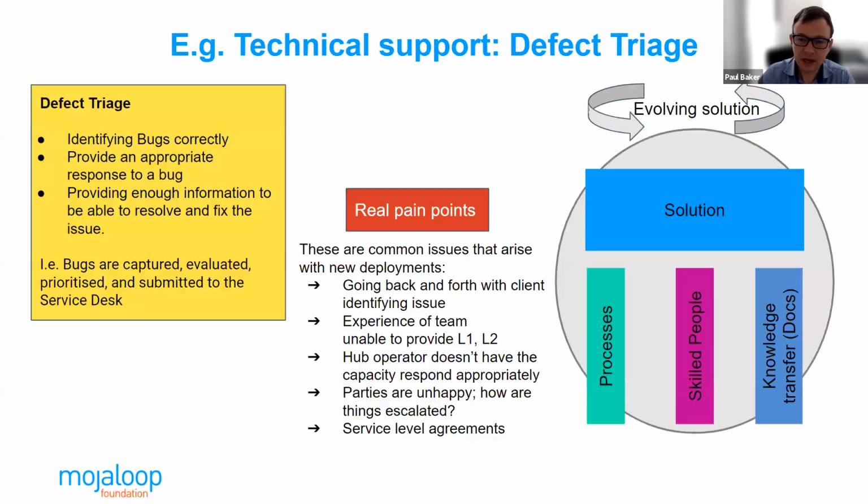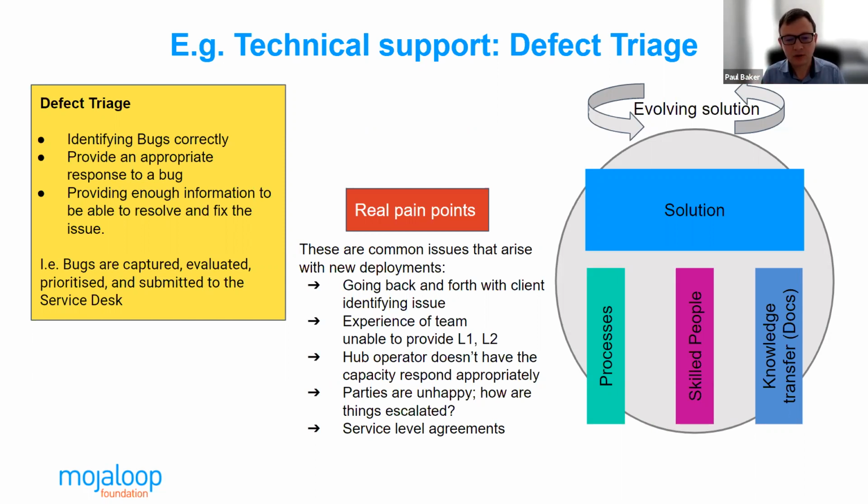So I'm going to give you a quick example of one of these documents. Defect triage. If we have a look here, I've listed some real pain points that are typical when implementing or going live with a new deployment. And if you read down that list, I'm sure you can relate to some of them.